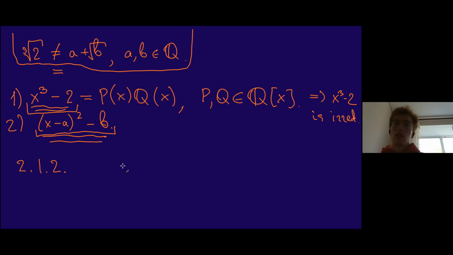Then let us try to prove the following fact, which is that all the numbers we can obtain are of the form a plus square root of b.